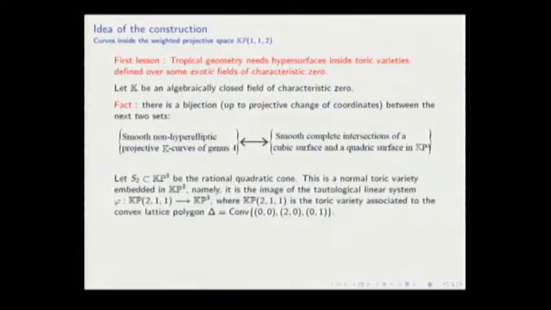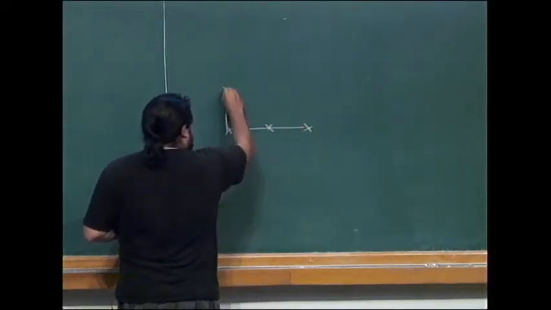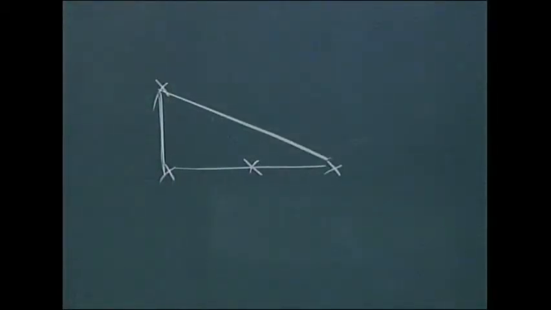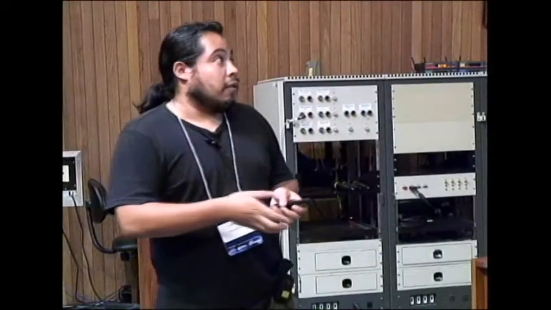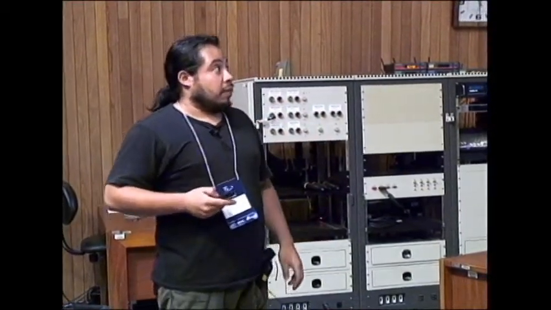Then what we do is to choose conveniently the quadric as the quadratic cone. Because this is a toric surface, it's normal, it has a singularity, but it is associated to this convex polytope. So the complete linear system of this polytope gives you, this is the weighted projective space, an embedding of this toric surface as a rational normal cone inside P3.